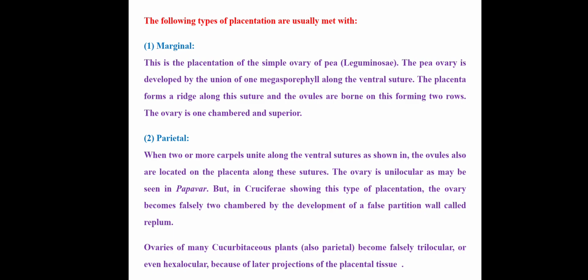The ovary is unilocular, as may be seen in Papaver, but in Cucurbitaceae showing this type of placentation, the ovary becomes falsely two-chambered by the development of a false partition wall called replum. Ovaries of many cucurbitaceous plants, also parietal, become falsely trilocular or even hexalocular because of the lateral projection of the placental tissue.